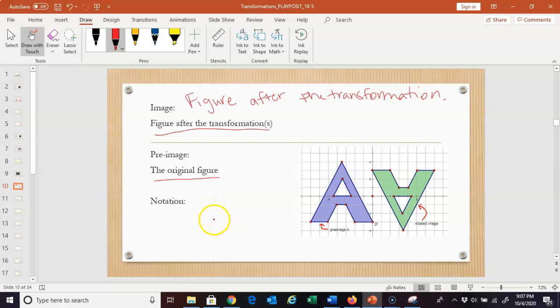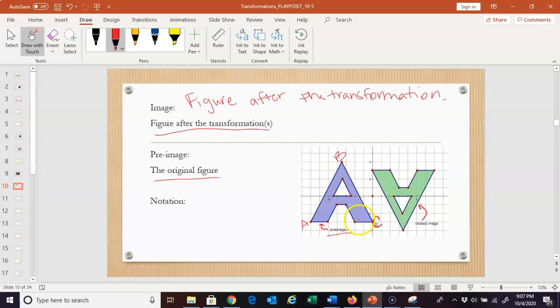And we have some special notation for this, of course. There's always going to be some way to shorthand write this. So here they're telling us that the blue A is the original figure, the pre-image. To label this, we're going to use capital letters to label points. I'm just going to do A, B, C as an example, the three corners. You can see there's a lot more points in that shape.